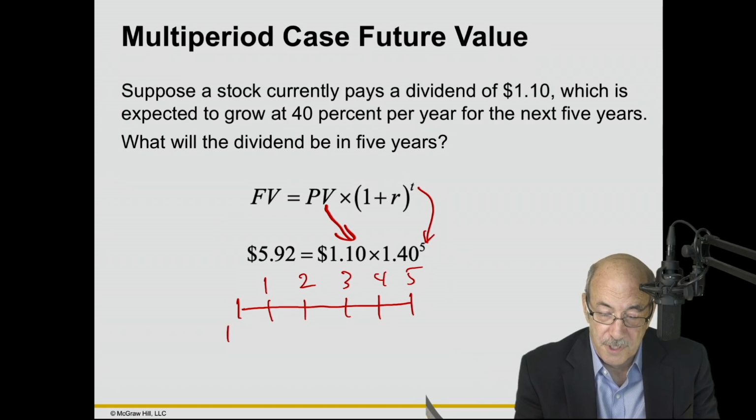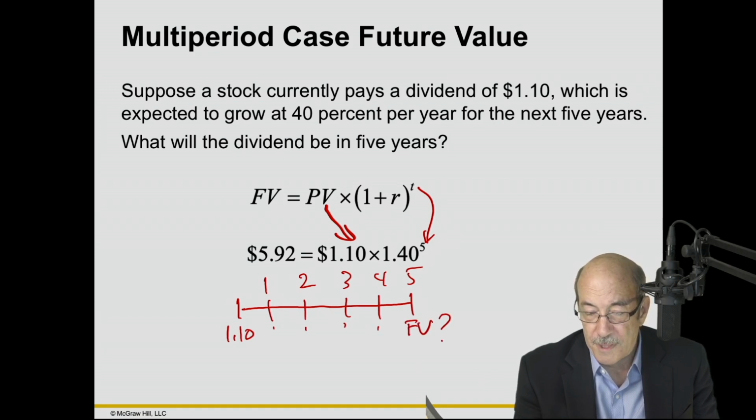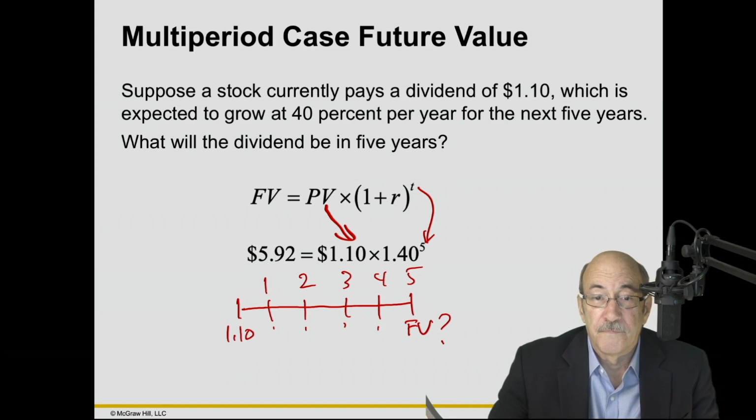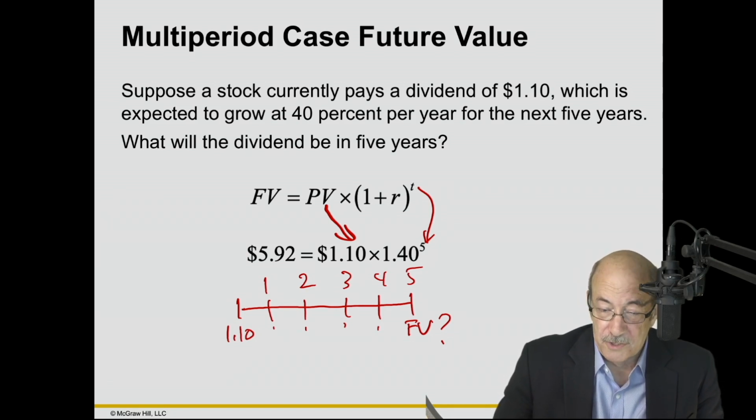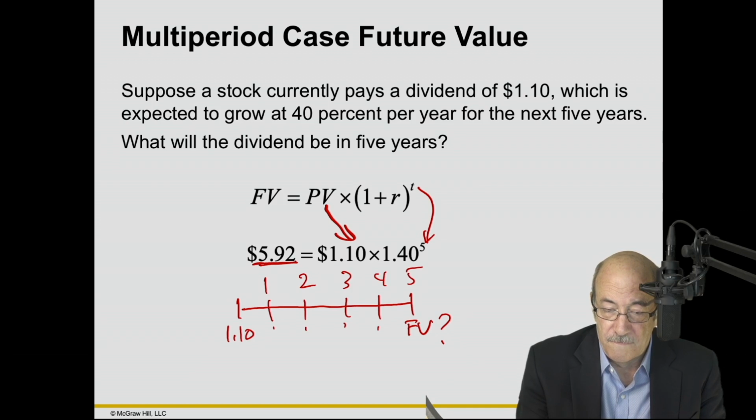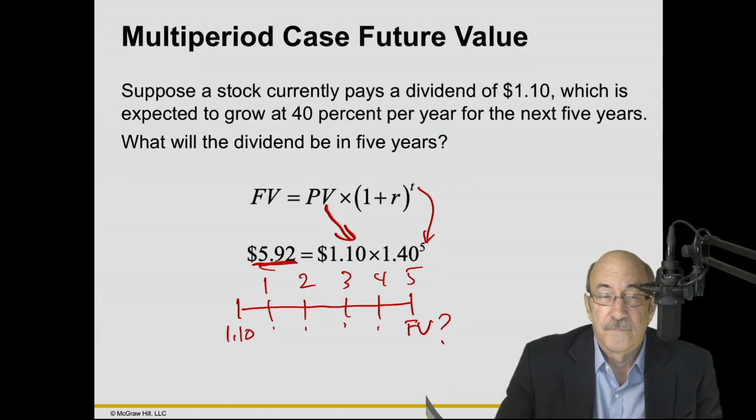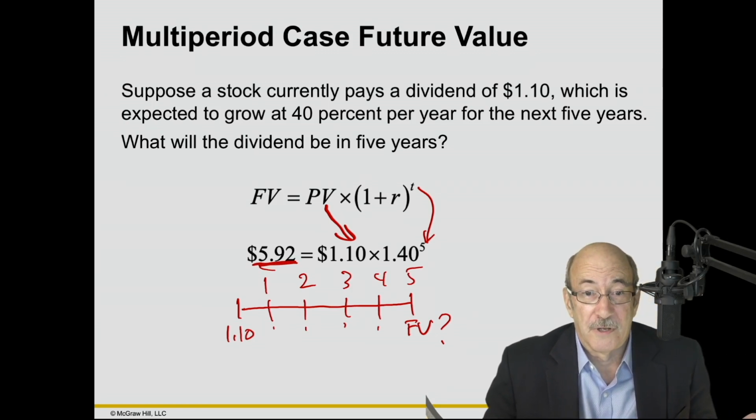And so we start with $1.10 here. We go out 1, 2, 3, 4, 5. We're looking for that future value out here. So what is that? Well, we take $1.10 times 1 plus r raised to the 5th power. That turns out to be $5.92. That's the beauty of compounding, right?